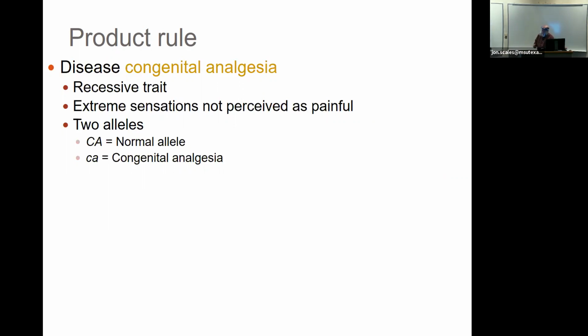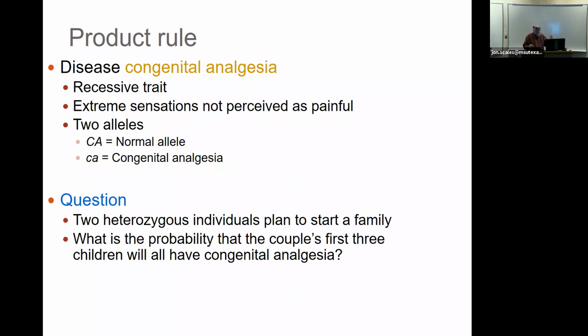There's this phenotype called congenital analgesia. Basically, nerve endings either don't fire correctly or they aren't connected correctly. I don't know which it is, but anyway, you kind of don't feel pain, right? So if two individuals are heterozygous, so they have this allele, they're normal.